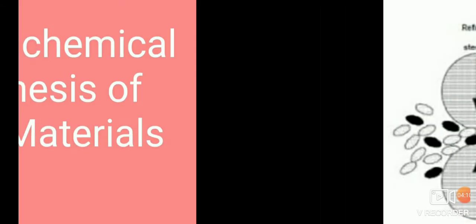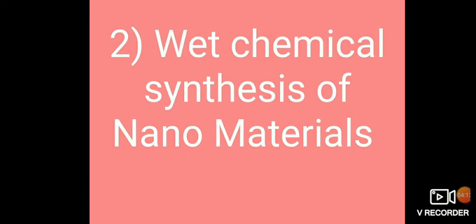Now, the next one is wet chemical synthesis of nanomaterials. In principle, we can classify the wet chemical synthesis of nanomaterials into two broad groups. The top-down method, where a single crystal is etched in an aqueous solution for producing nanomaterials, for example, synthesis of porous silicon by electrochemical etching.